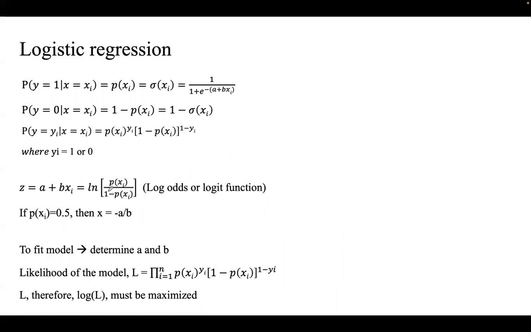So a little bit about logistic regression. So we talked about this equation right here. Your input is xi. When the input is xi, we're calling this a sigmoid function, denoting it by sigma xi. So this probability is p(xi).